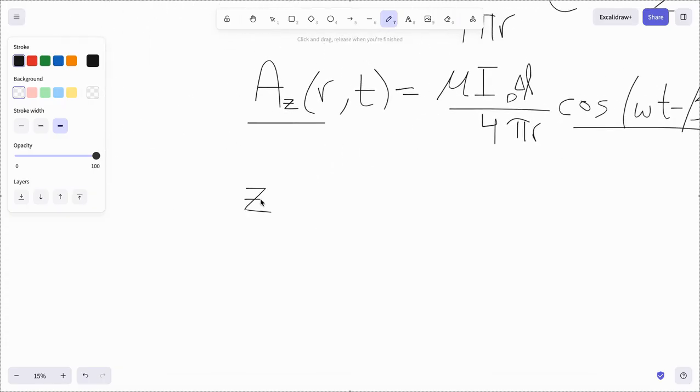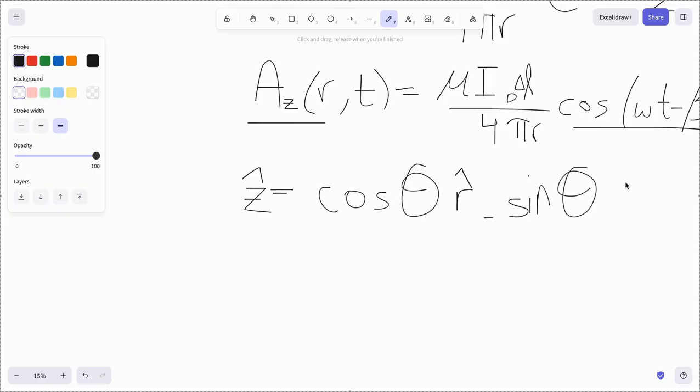You'll know that we can convert this coordinate by rewriting z as cosine theta in the r direction minus sine theta in the theta direction.